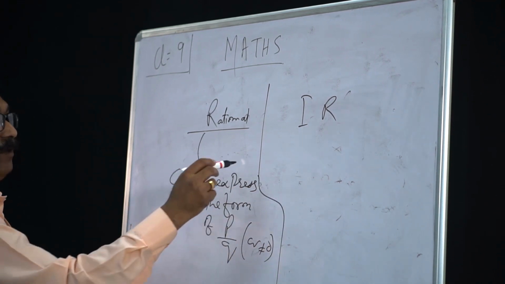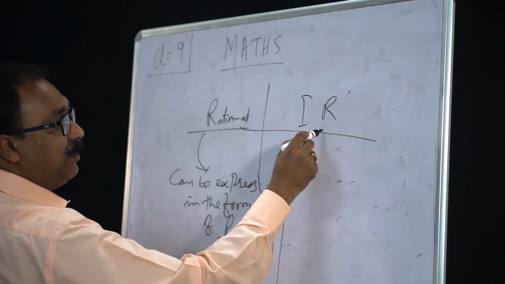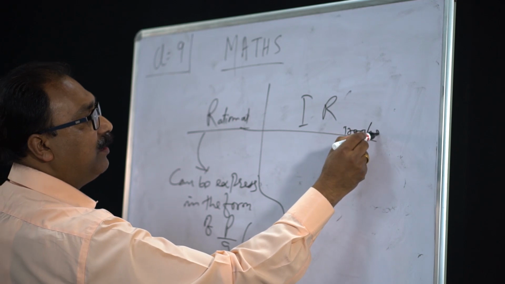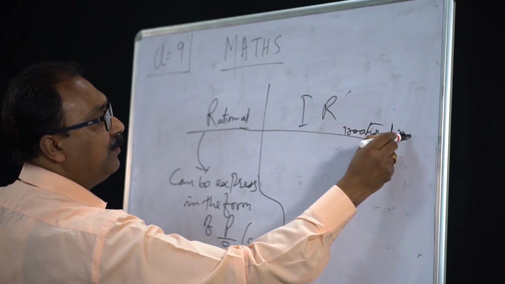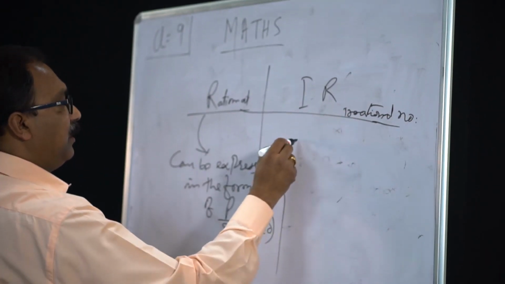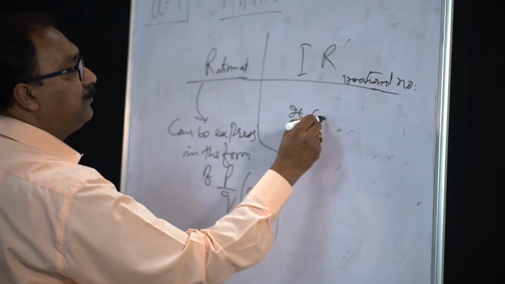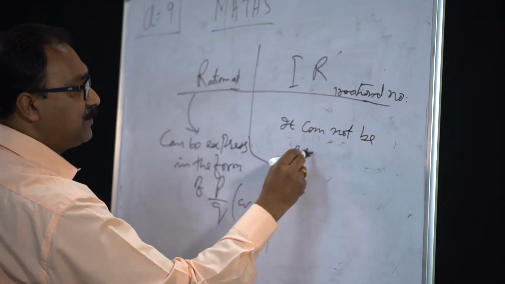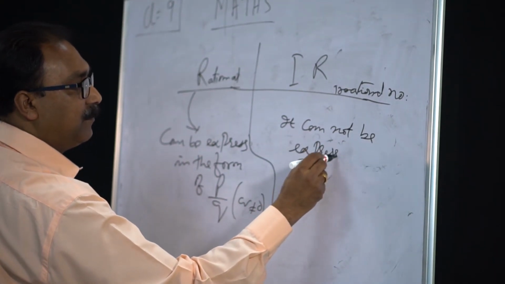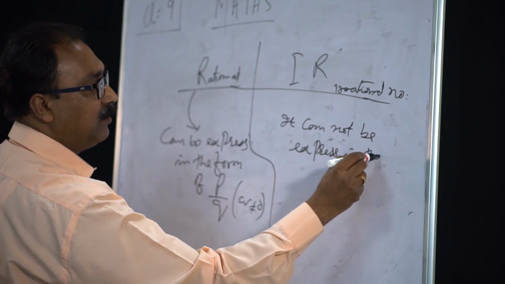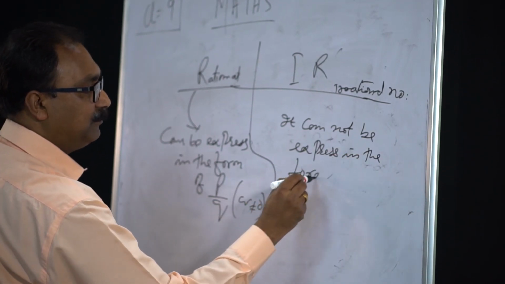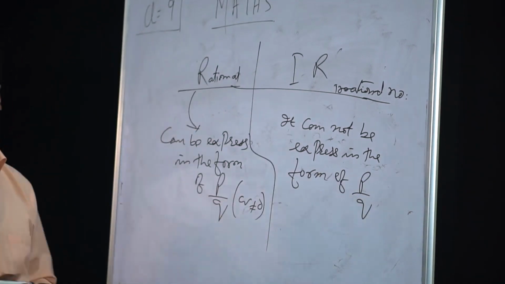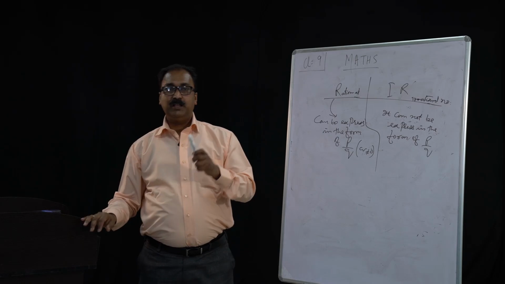But the irrational number, the difference I am telling: an irrational number cannot be expressed in the form of P by Q. That is the main difference between rational and irrational.